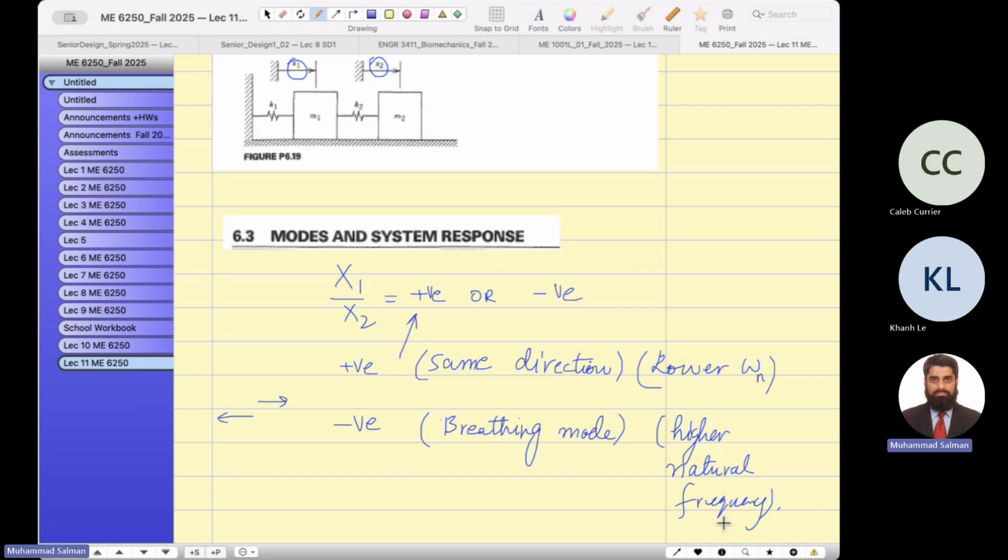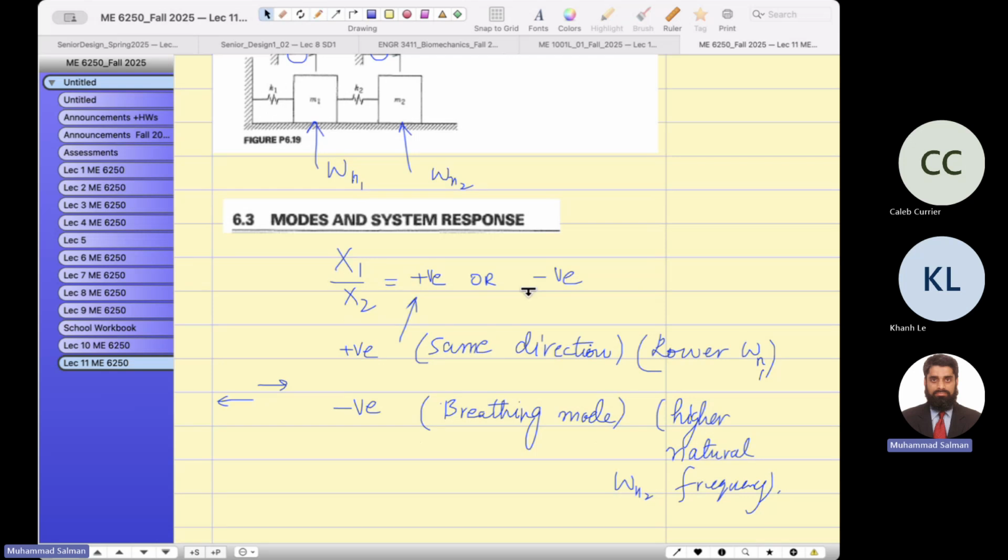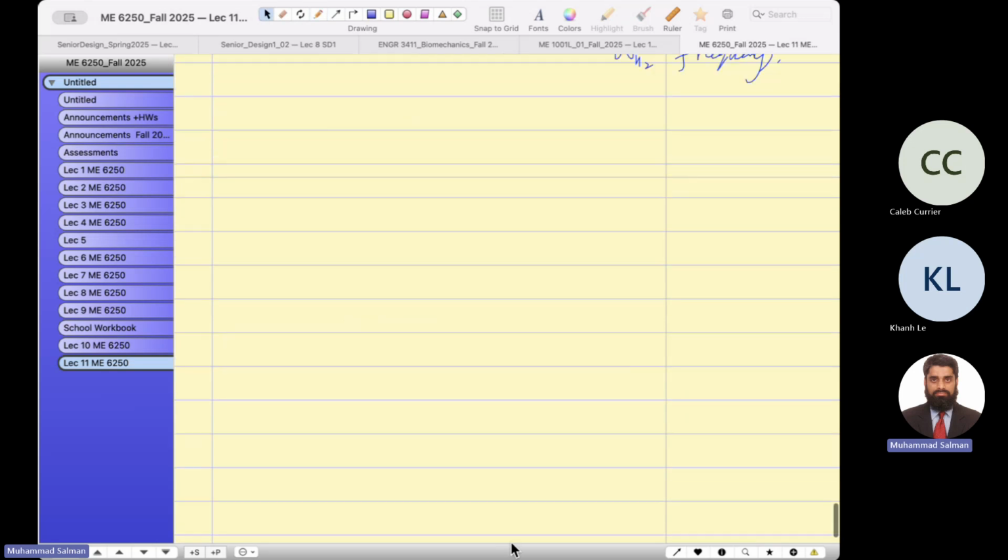Got my point? So omega n1, omega n2. Whenever you see two masses, it has omega n1 and omega n2. We have to find these natural frequencies through Cramer's rule or some other 2 by 2 matrix method.